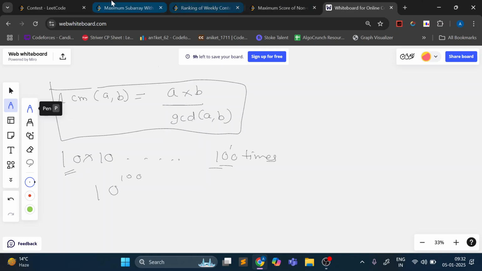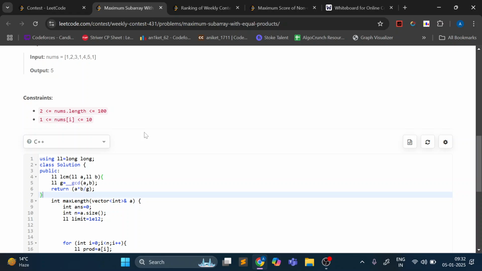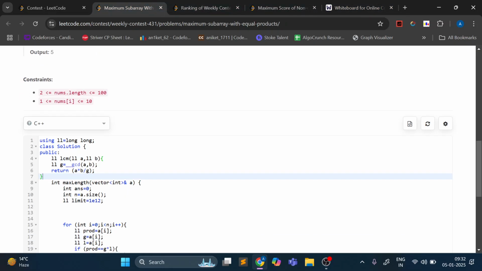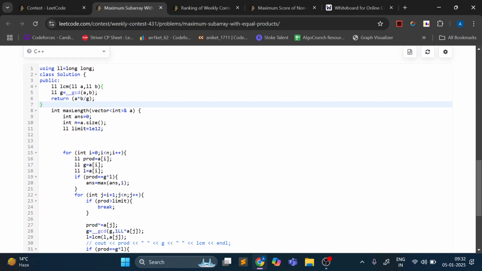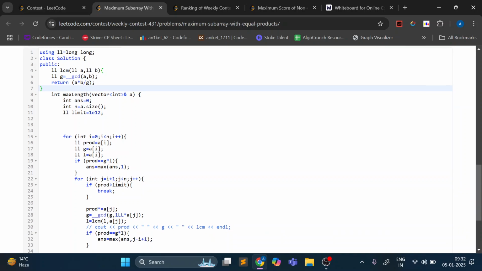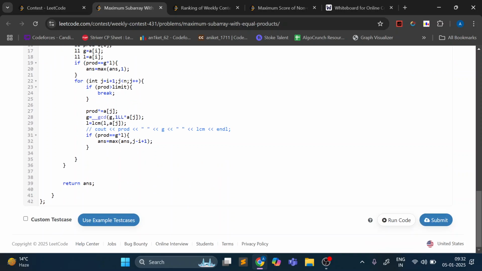We cannot store that value in the integer data type, and even long cannot store it, because long has a limit of 10 raised to the power 18. So the issue here is integer overflow. When it goes above 10 raised to the power 18, the LeetCode compiler gives you an error, but usually the value might go into negatives, and eventually your output would be wrong.